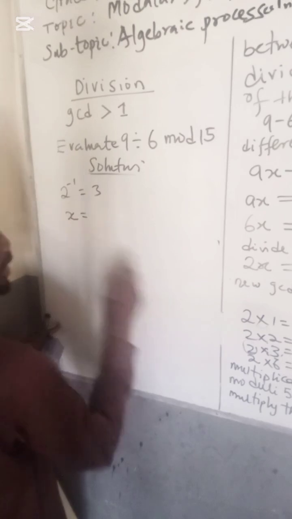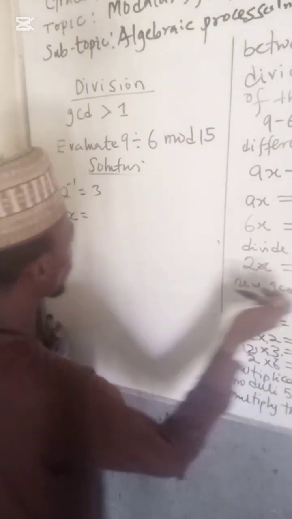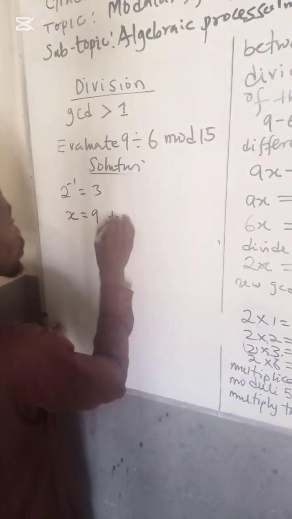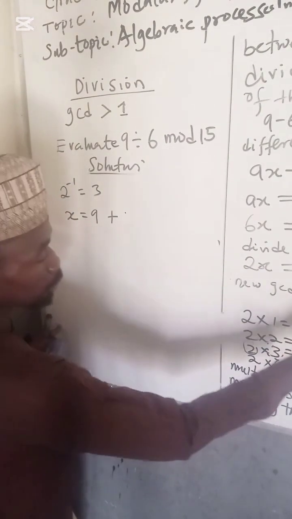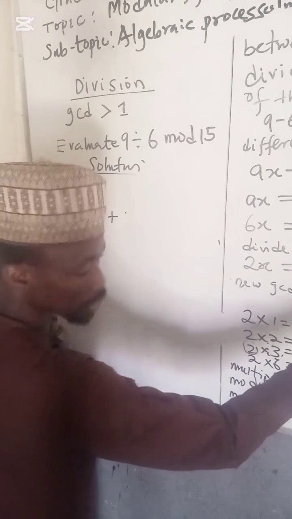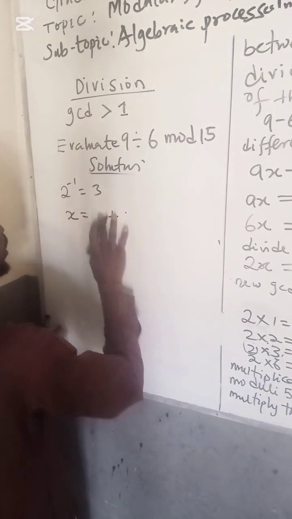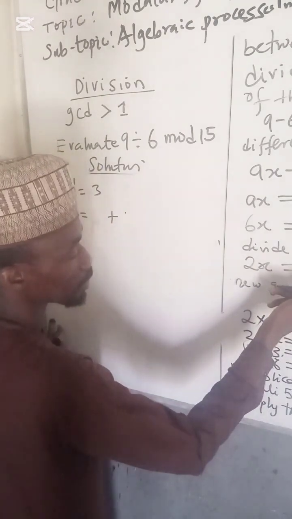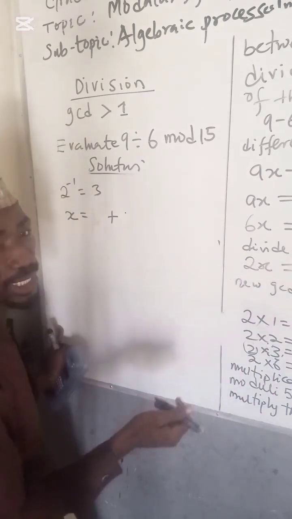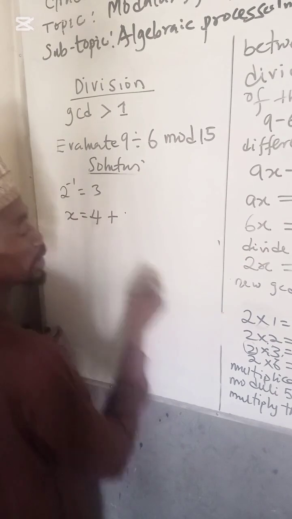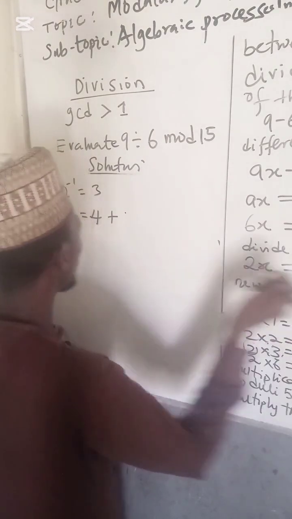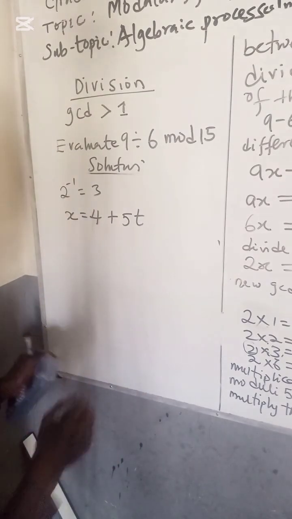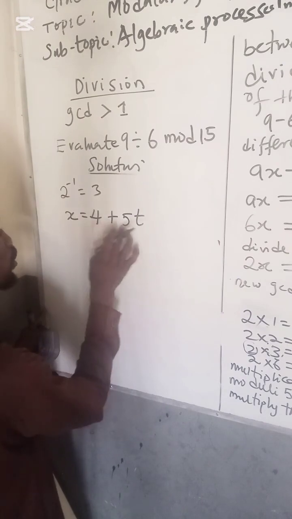We now have x. Now, 3 times 3 is 9. Remember, you are in modular. You are having 5k here. We change this k to a multiple of t. So 3 times 3 is 9, 5 in 9 is 1 remainder 4. So you have 4 here. Now, this 5k we change to 5t. Now, we have x equal to 4 plus 5t.